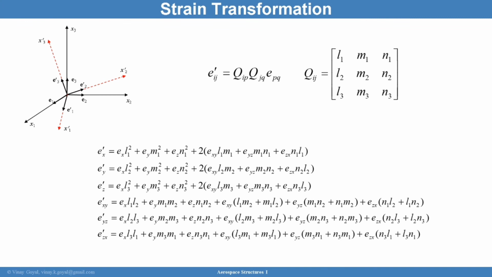Very similarly, I can transform the strains in a similar manner. I can use the same formulas to transform strain. As long as I can find the direction cosines, I can then do the transformation. In a very similar manner, we can expand it all.